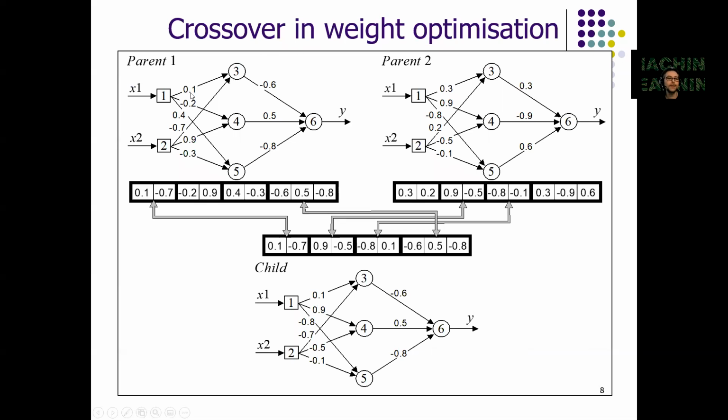So you have node 0.1, weights 0.1 and -0.7, as you can see. And these are weights that connect node 1 and node 2 to node 3. So this constitutes the first part of the string, and then you have two more values, -0.2 and 0.9. These are weights that node 4 receives from node 1 and node 2, and so on.